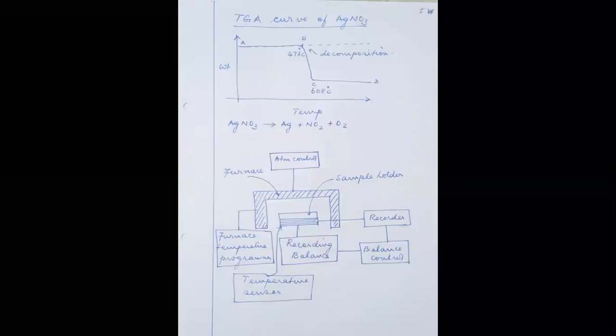So next, the TGA curve of silver nitrate. Look at this curve. Initially, up to 473 degrees centigrade, there is no change in the weight of the substance taken. So you have already taken a known weight of the substance and kept it in a furnace, which is heated.